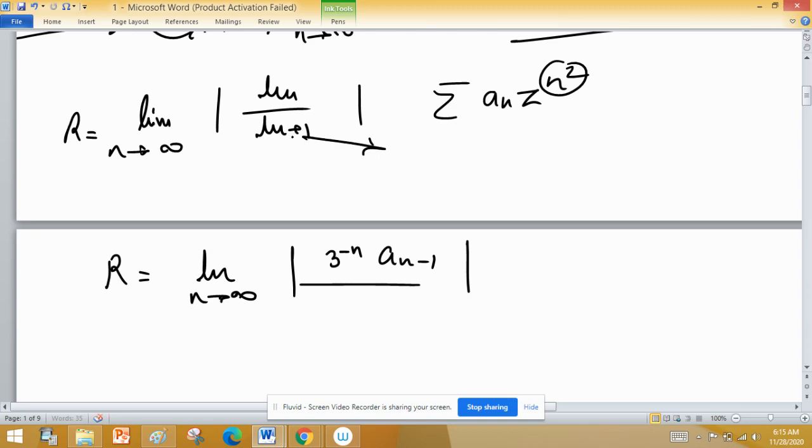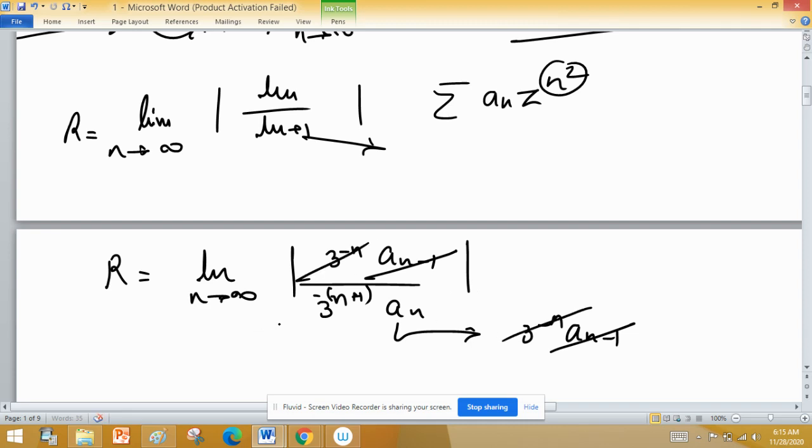There is no need to use this one, but I already wrote it here, so I'm going to use it. This one will be 3^(-(n+1)) a_n, and we again use a_n = 3^(-n) a_(n-1). Then a_(n-1) cancels out with a_n, and 3 raised to the power -n also.